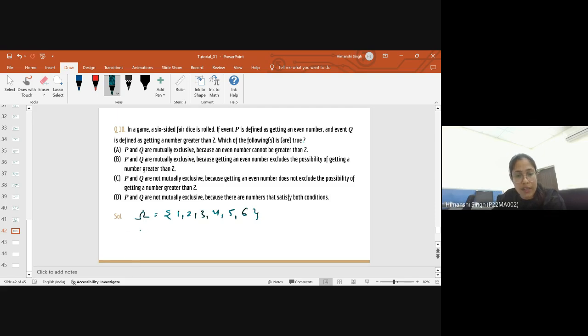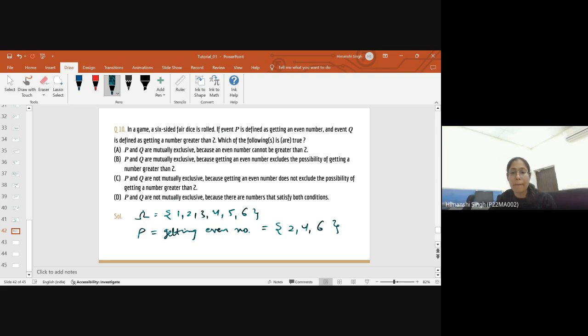So what will be the elements of that event? What are the elements in this set? 2, 4, and 6. Yeah. So these are the elements in this event.